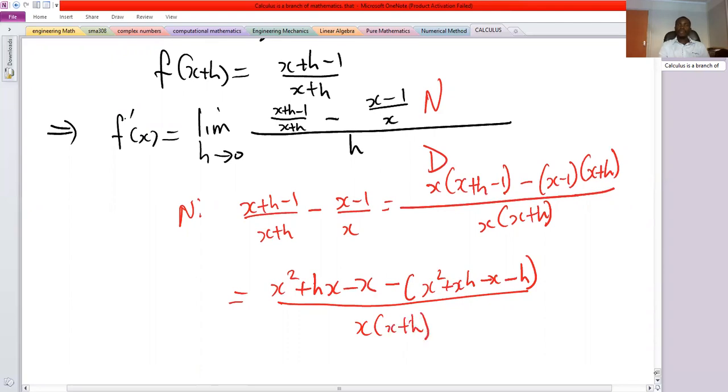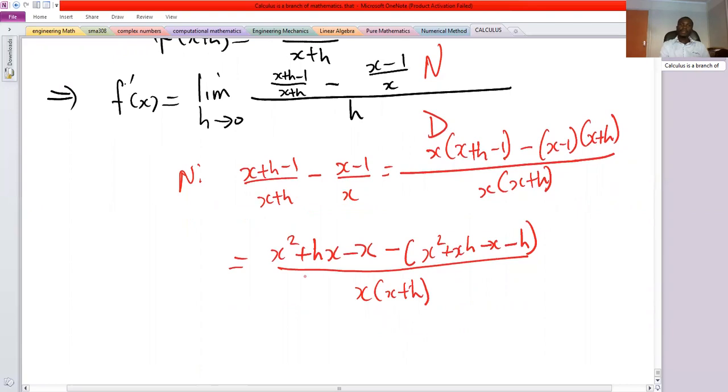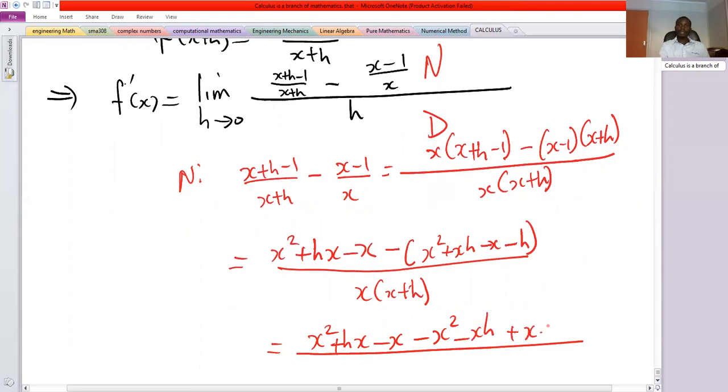We don't have to open the denominator in this expression. So this will be x squared plus hx minus x squared minus xh plus x plus h, and then divided by x times x plus h.